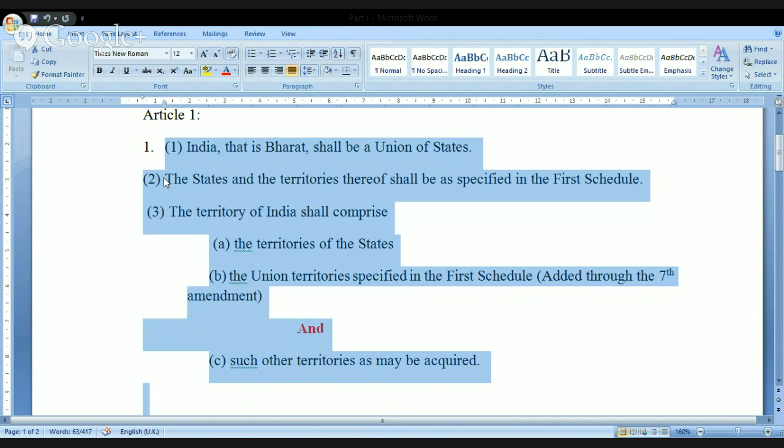These A, B, C are considered to be subclauses, meaning Article 1, Clause 3, Subclause A. Article 1, Clause 3, Subclause B. Article 1, Clause 3, Subclause C. Kindly remember, okay?